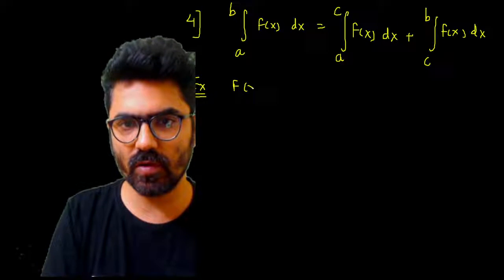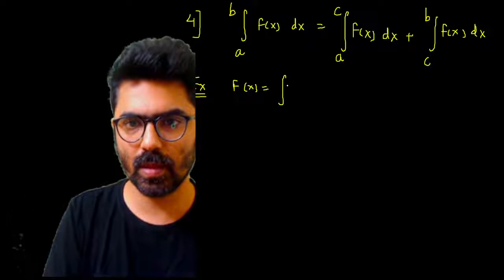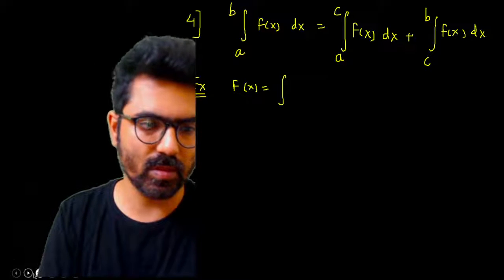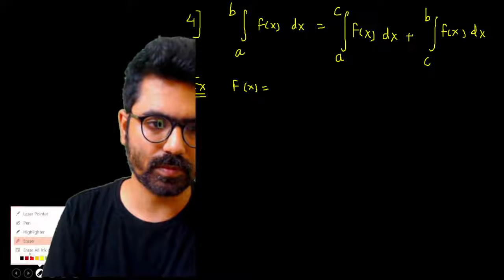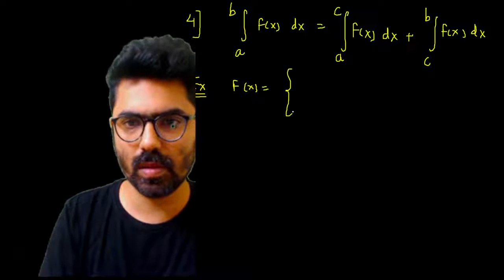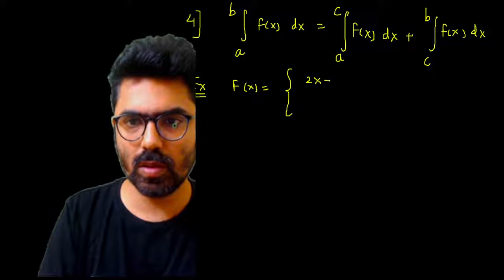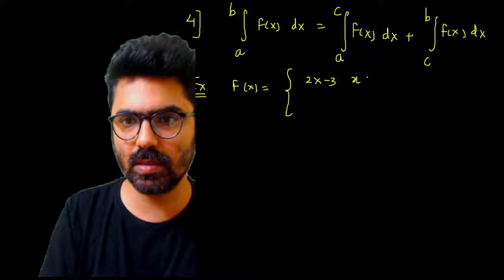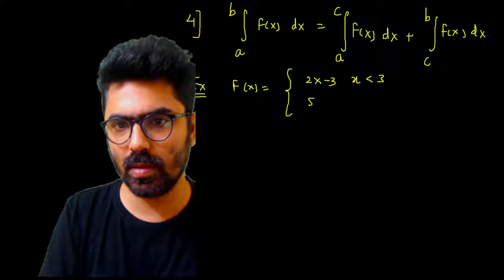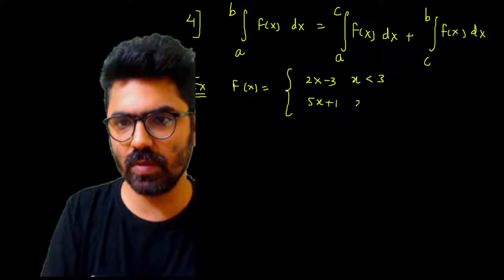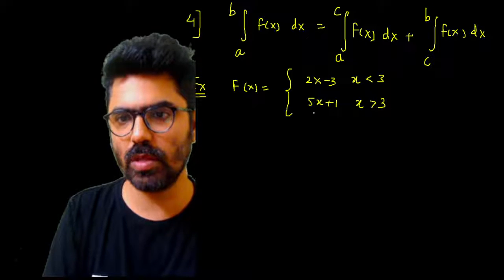Let's say f of x is given. Okay, let me just erase this part. f of x is 2x minus 3 when x is less than 3, and 5x plus 1 when x is more than 3.